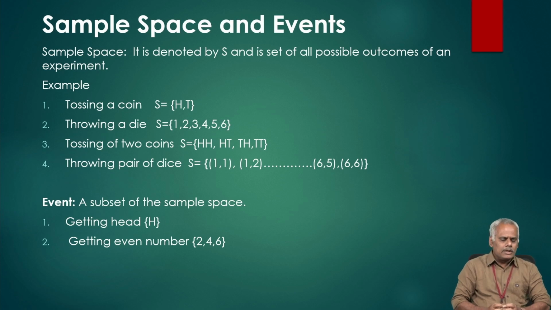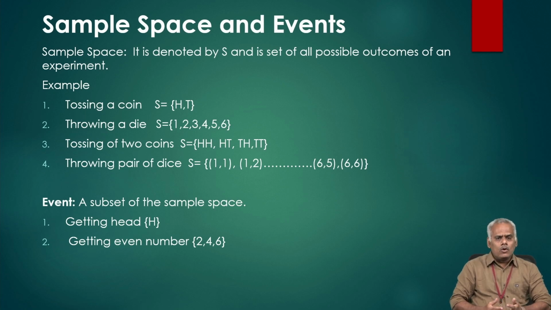Now sample space, it is denoted by S and is the set of all possible outcomes of an experiment. Experiment in the sense random experiment. For example, tossing a coin, S is equal to {H, T}, that is either head or tail. Throwing a die, the sample space S is {1, 2, 3, 4, 5, 6}.